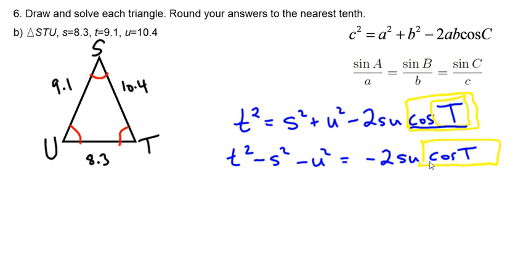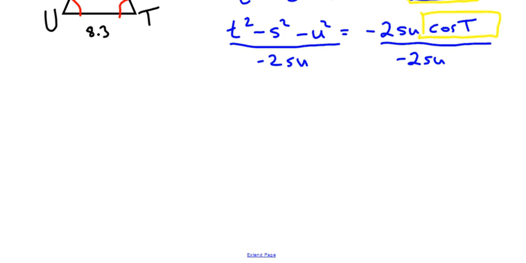So now the yellow box, the thing that I want to isolate, is multiplied by negative 2su. So to get rid of multiply, we divide. So I'm going to divide both sides by negative 2su. And that will give me, so over here, I'm just going to rewrite what I have.